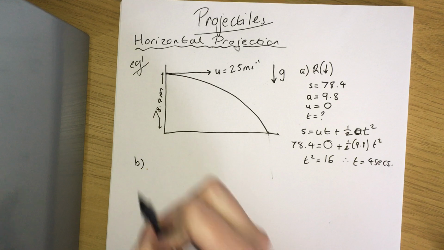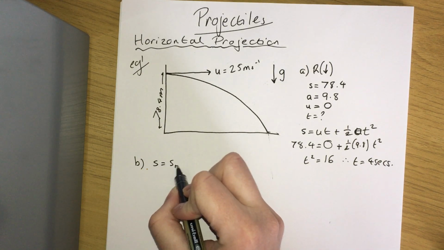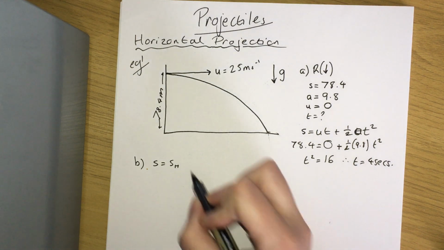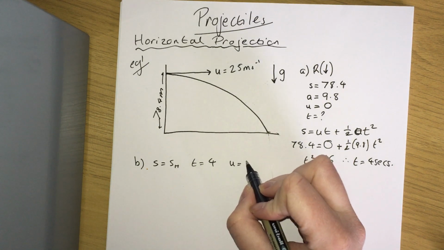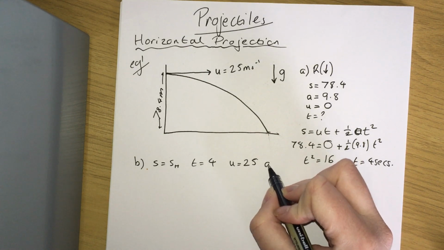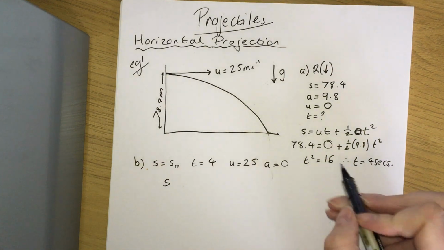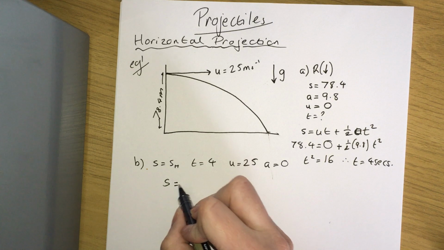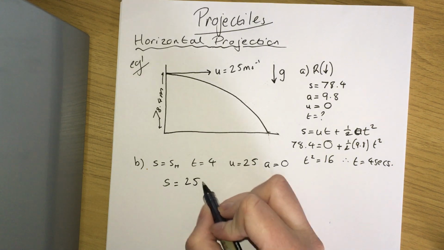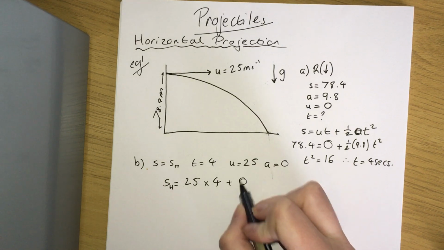B. Find the horizontal distance travelled in that time. So we're trying to find the horizontal displacement. We know that t is equal to 4 seconds, so it takes 4 seconds to reach that point. We know that the initial velocity was 25, and we know that acceleration is 0. So we're still going to use s equals ut plus half at squared, but what we've got is the horizontal displacement is 25 times 4, and it's technically plus 0.